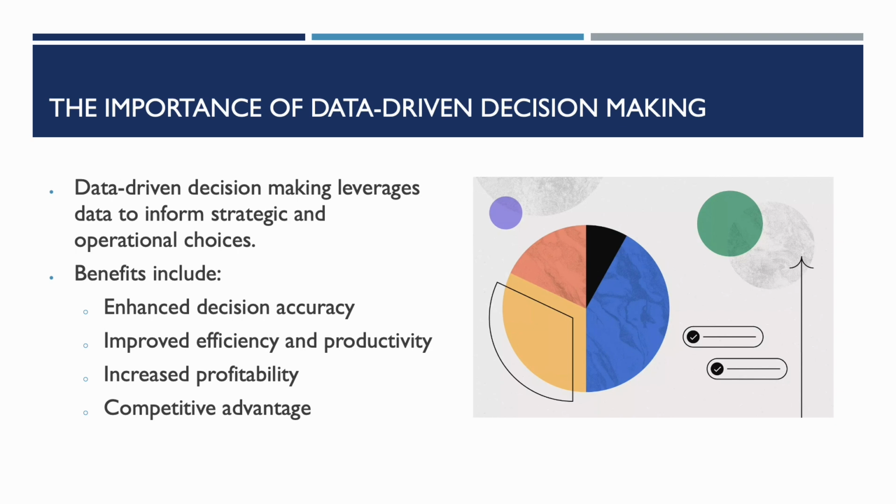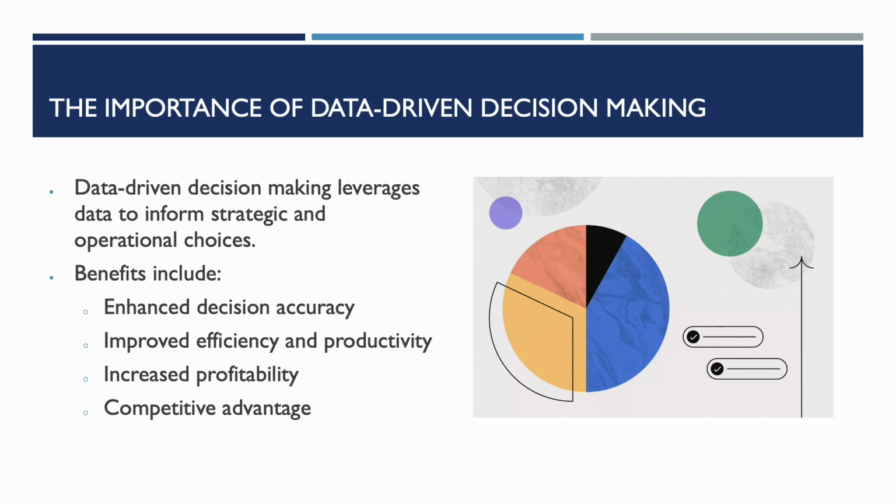There are so many benefits, but these four benefits we can discuss. First is enhanced decision accuracy. So, decisions based on data are often more accurate. They are rooted in facts, figures, and trends that provide a clearer picture of what is really happening within a business or market.